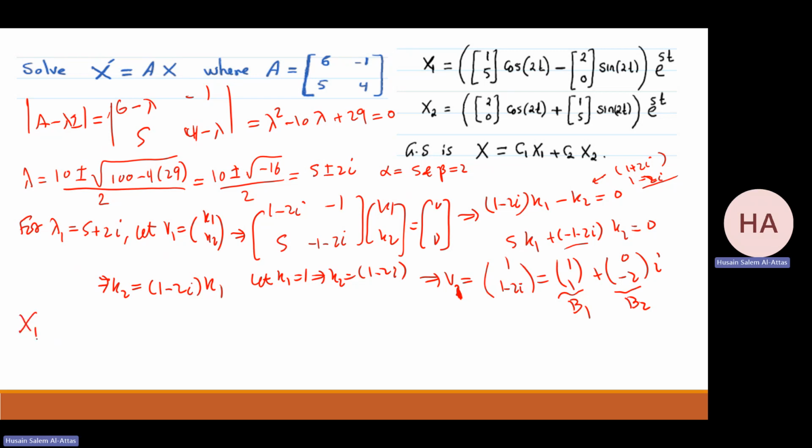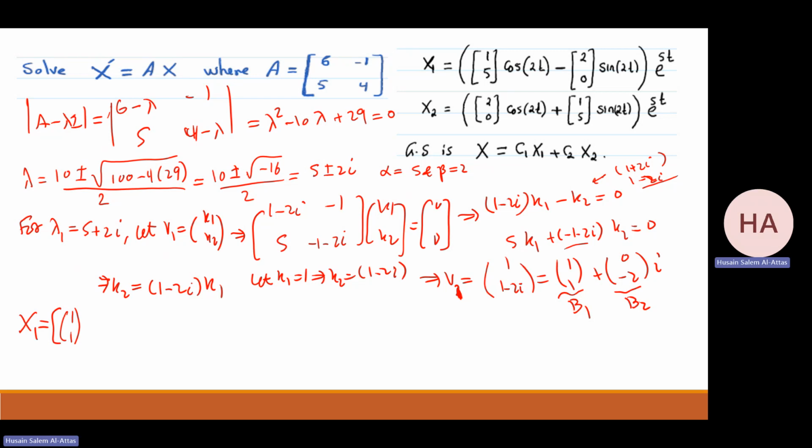Okay, my first solution, B1. Yeah, let me do it quickly. 1, 1 cosine 2t. Yeah, I think this should be 1, not 5. Was it 6 minus 5, 1 minus 2i, 4 minus 5, minus 1 minus 2i?